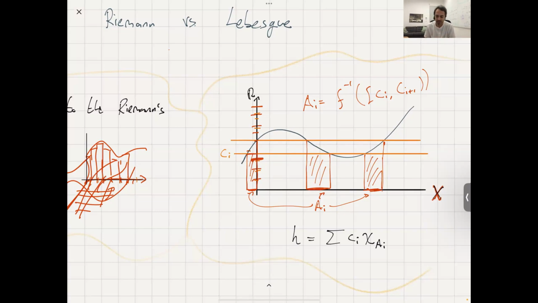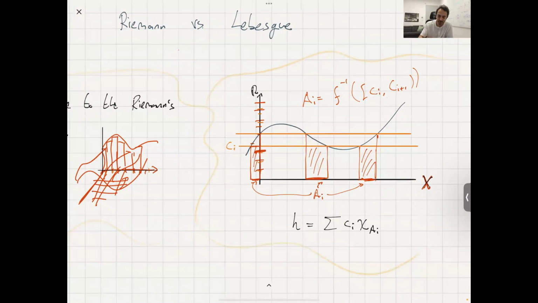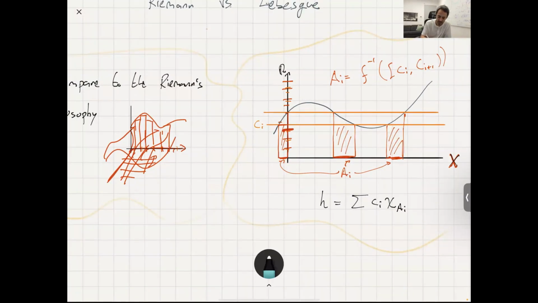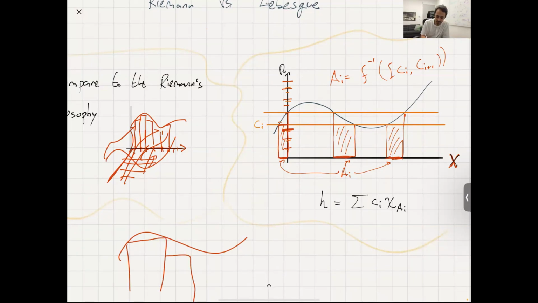The way we define it, we take any curve and we take the supremum of all possible simple functions, right? Maybe that's one simple function, h, a non-negative simple function that sits below your curve, and we can consider a higher one, maybe like that, and so forth.